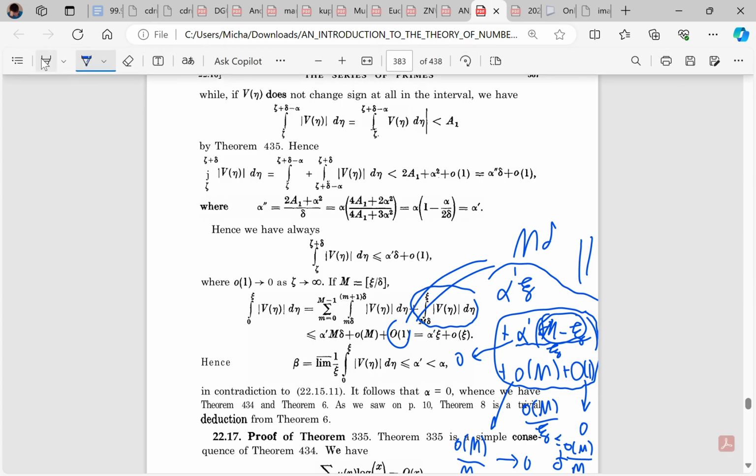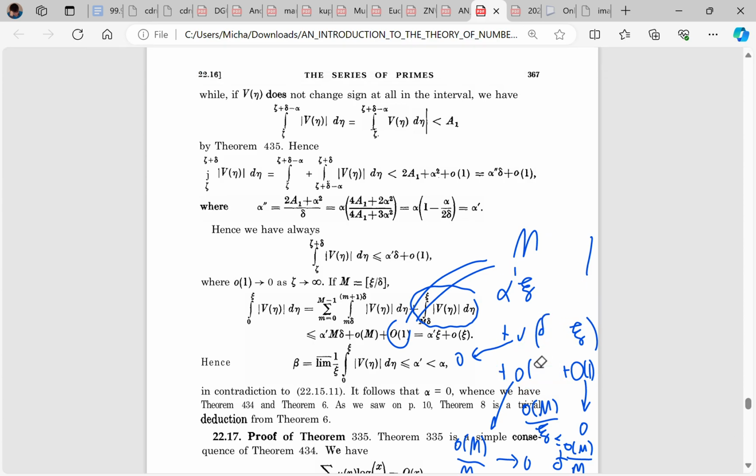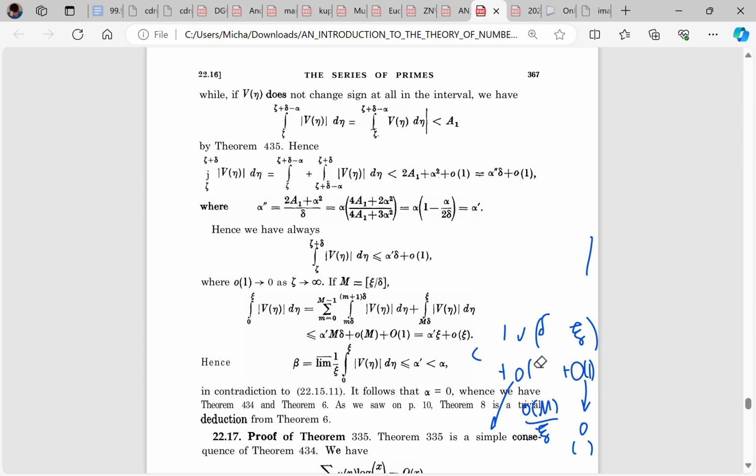Okay, so why is that thing big O of 1? We know V is big O of 1, so the interval is less than 1, and the V is less than alpha plus little o of 1.